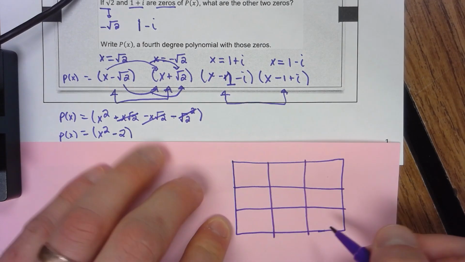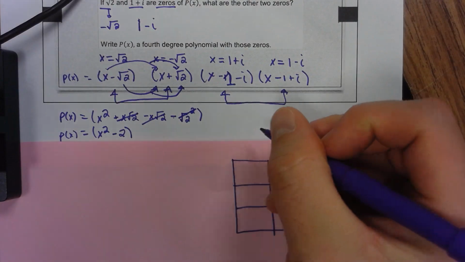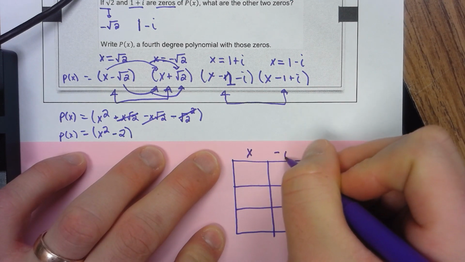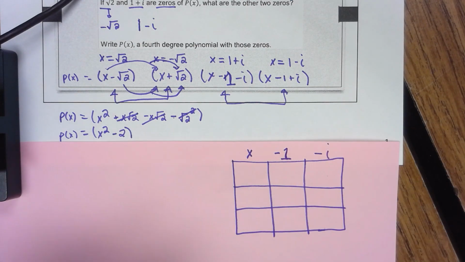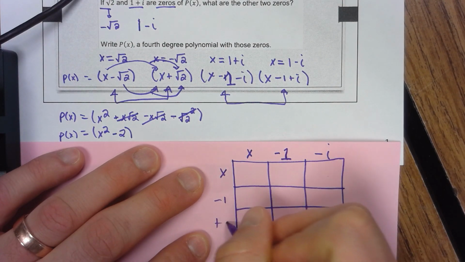So we're going to make a big box that has 9 squares to organize and make sure that we're multiplying the terms correctly. I'm going to take one of these factors and let it be the dimensions either up top or down the side, and it doesn't matter what goes along the top or down the side. And x minus 1 plus i.